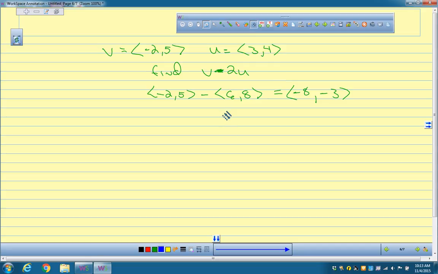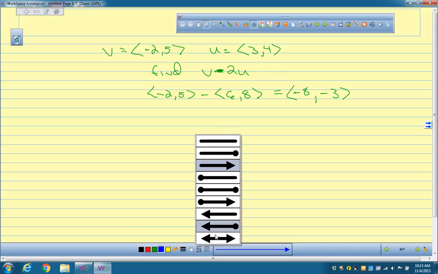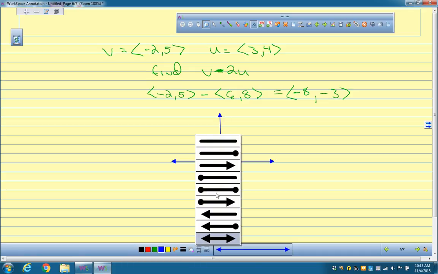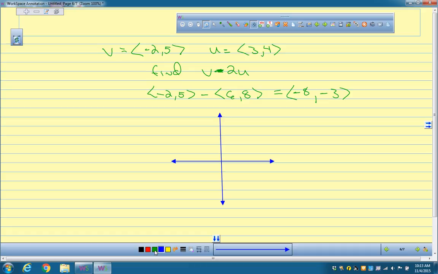Graphically, the way that looks, let's put arrows on both ends. Graphically, you would take v. I'm just going to do this real kind of faking it. So v would be back 2 and up 5.